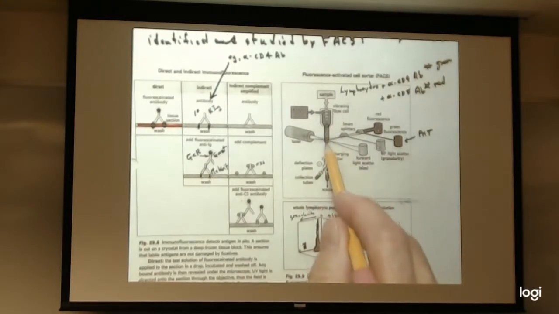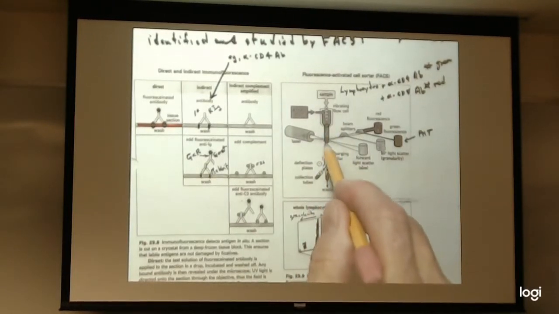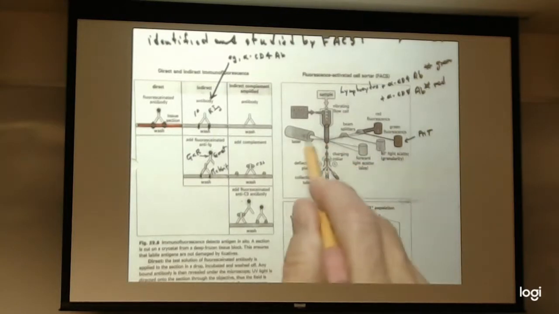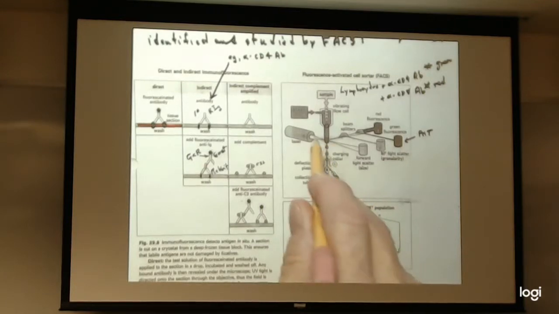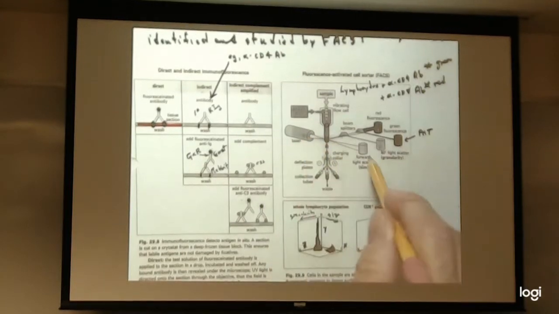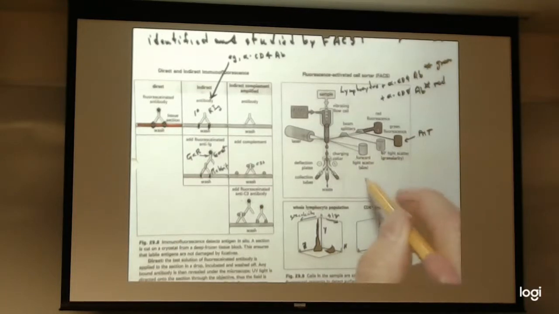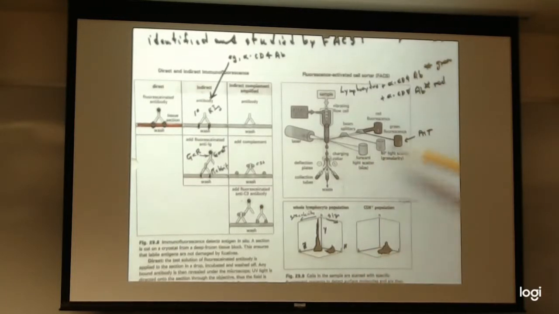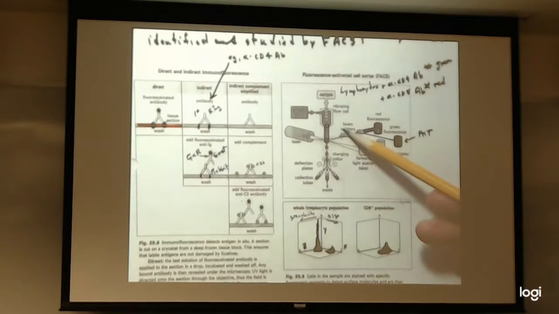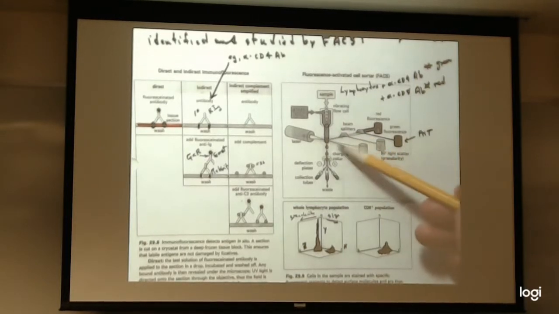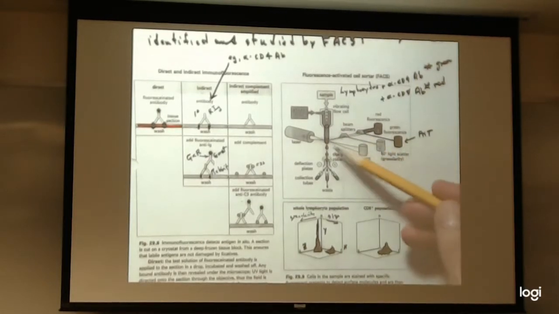As the cells pass through the laser light one by one, the laser shines a light through them. How much light just passes right through is a measure of essentially the size of the cell. If it's scattered off to the side, it's a measure of how many internal granules there are.